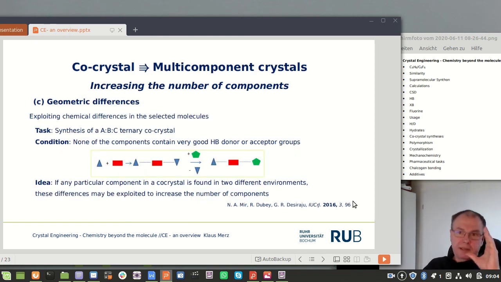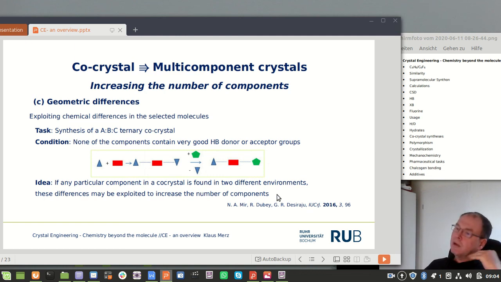We have seen another strategy, this is the basic, the different geometries, environments of the substituents, how we can substitute in this case. Here, we have two different environments of the substituents, the blue units here. Now we can substitute and we can once again build up multi-component systems.